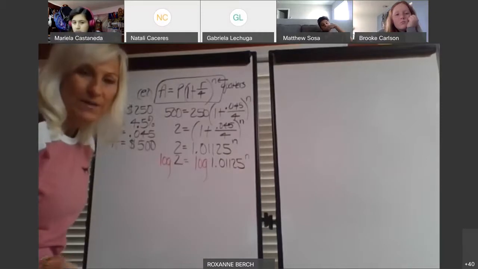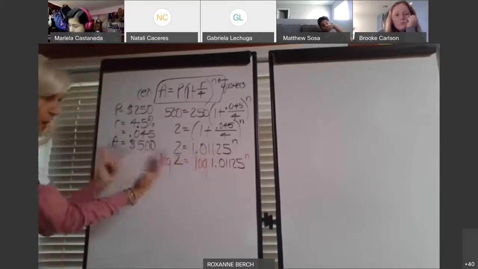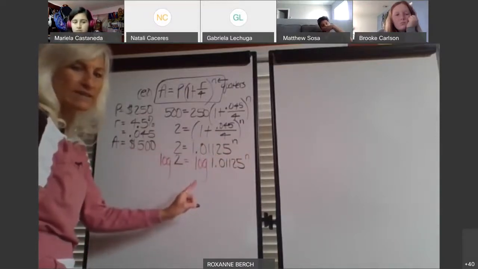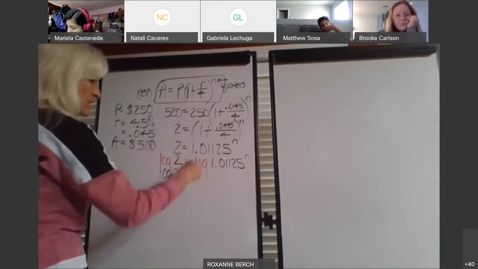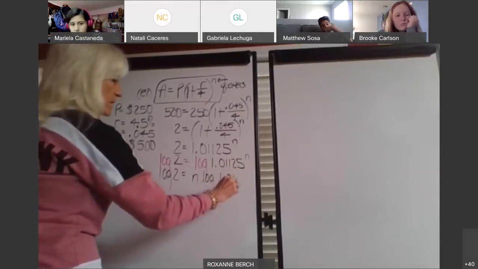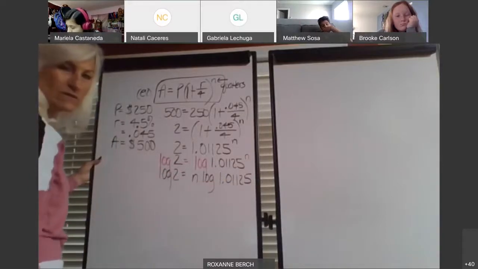Can I use the power property? So I'm not going to be able to cancel anything the way I did this, but can I use the power property and bring the N down in front? So if I have log base 10 of 2 and I use the power property and bring that down in front, can I solve for N now?